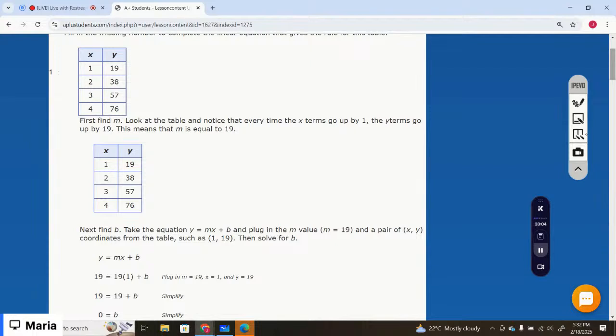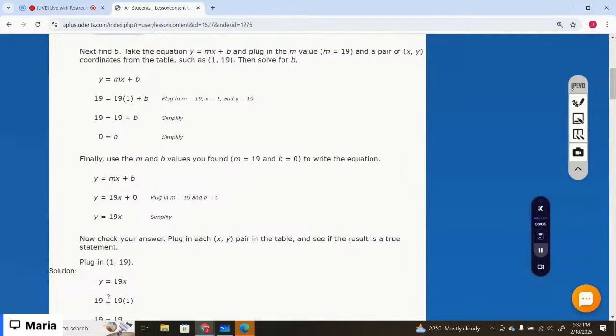You need to calculate the value of b, that is b equals 0. So the equation is y equals 19x plus 0. So the equation is y equals 19x.